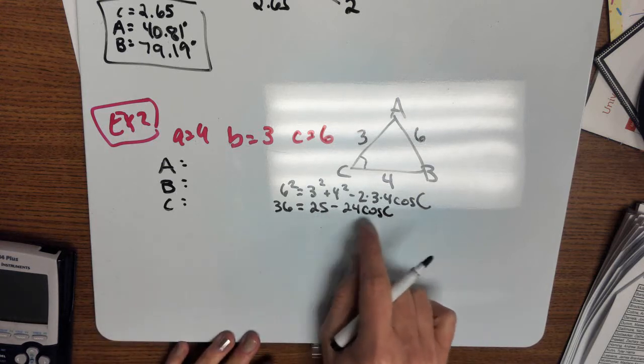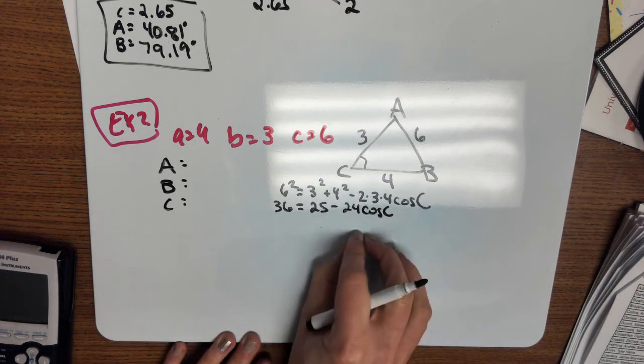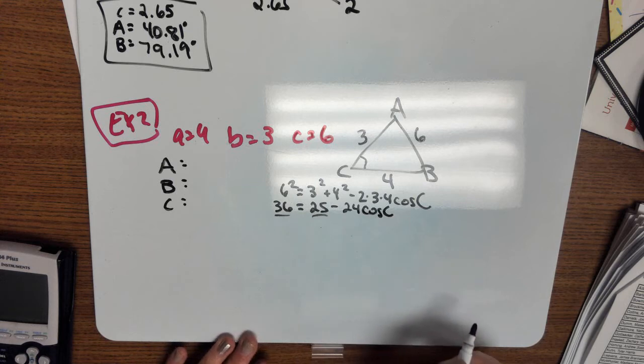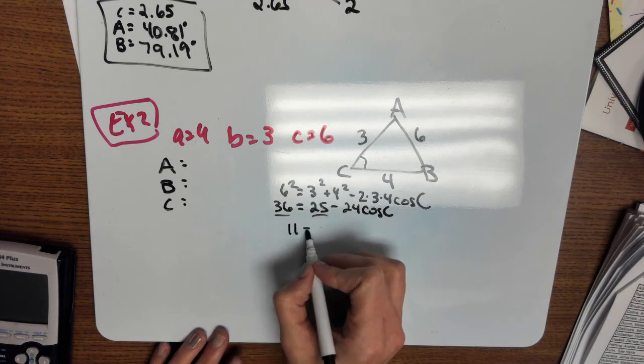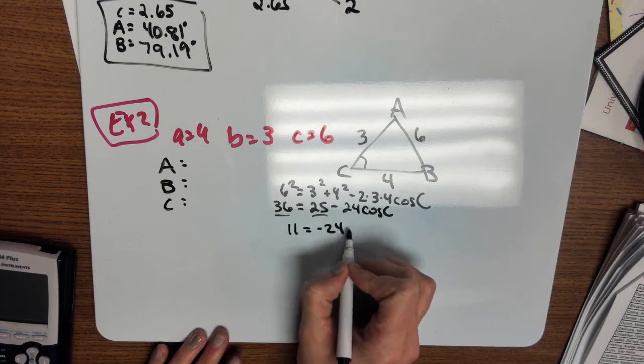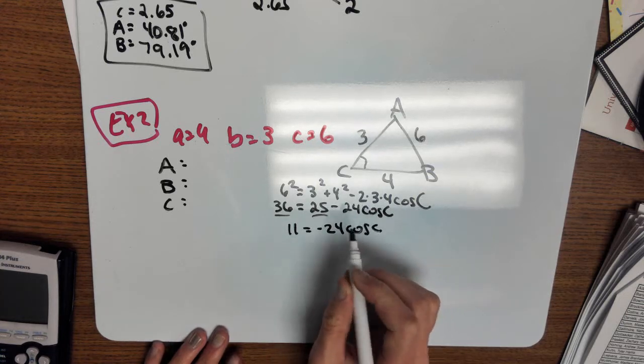Think of this as 25 minus 24x. You cannot push them together. We can combine the 36 and 25. So when we do that, we get 11 equals negative 24 cosine of C.